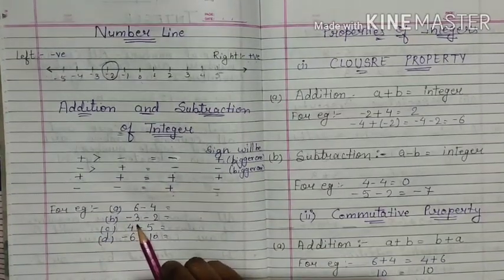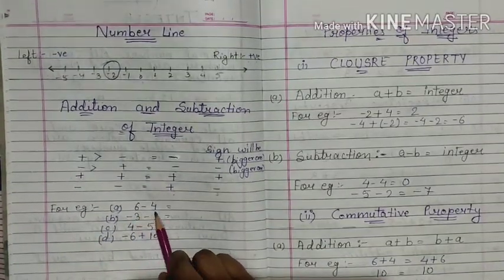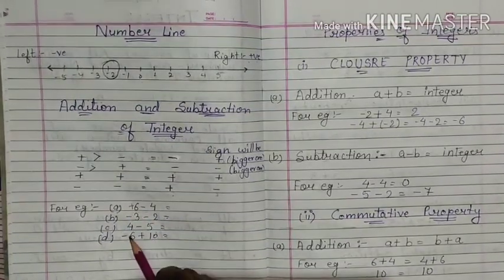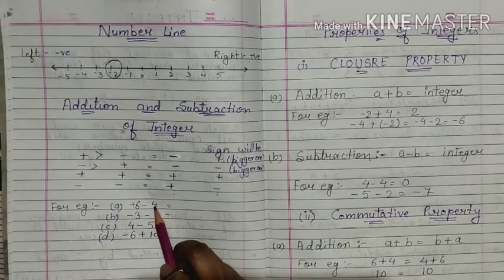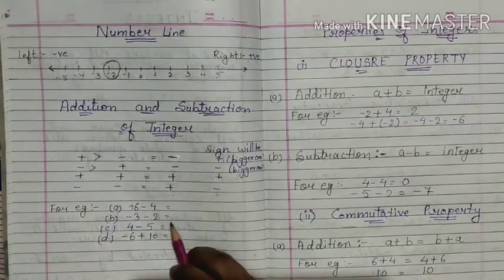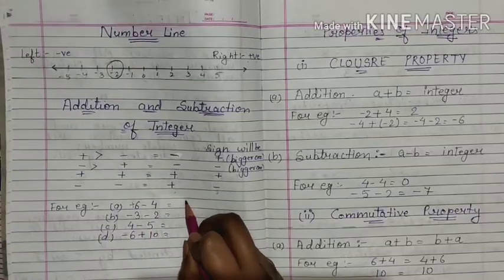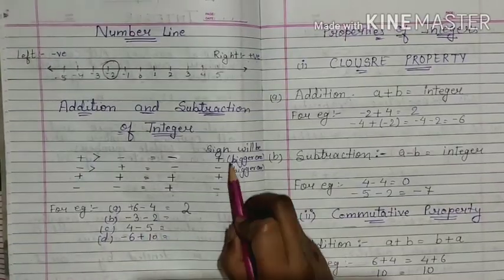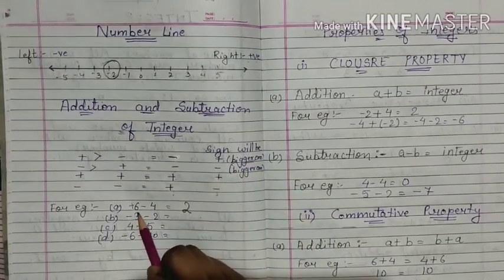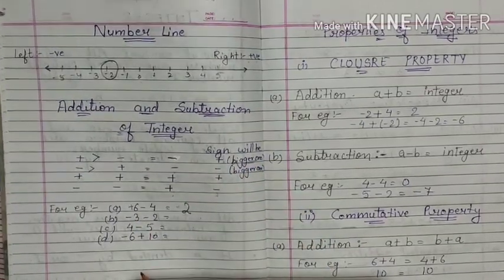For example, you can see 6 minus 4. 6 is a positive number and 4 is negative. Plus minus is minus. Then 6 minus 4 is 2. But the sign will be of the bigger one, and the bigger one is 6, so it will be plus.